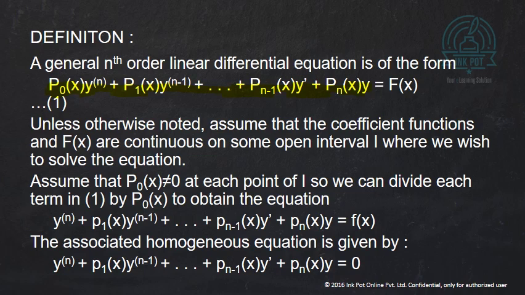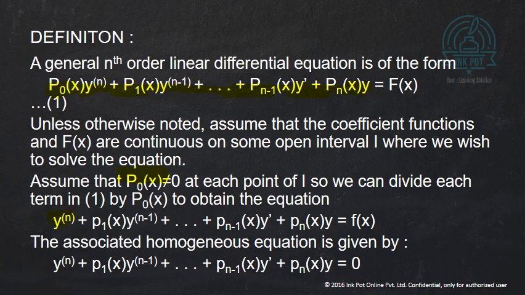So now if we assume further that p0(x), the coefficient of the nth derivative of y, is non-vanishing at each point of I, similarly as we assumed in the second order equation, then we can divide each term of equation 1 by p0(x), and we get another equation in which the leading coefficient, that is the coefficient of the nth derivative of y, is 1.